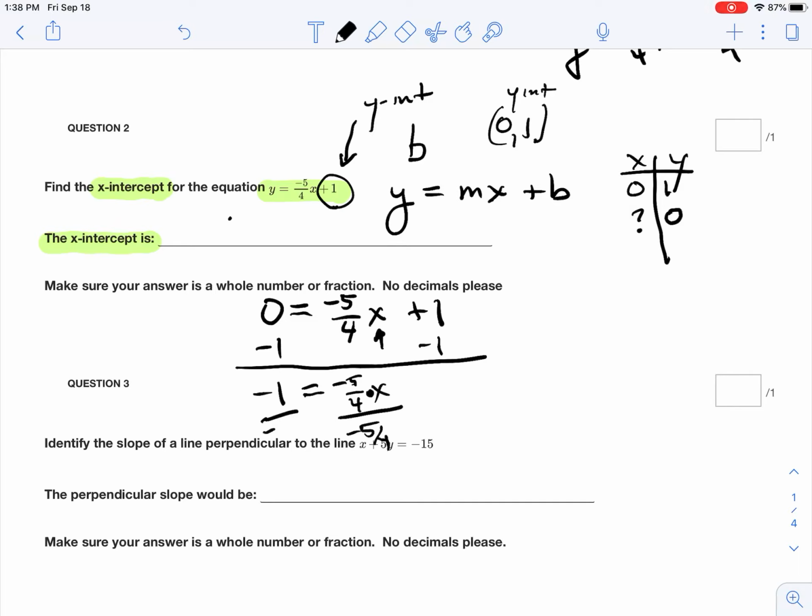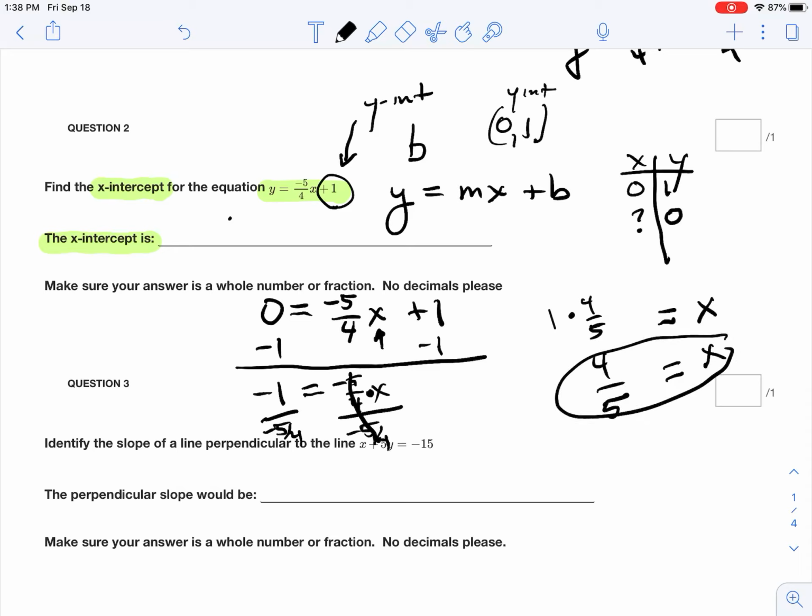Remember, when you have a negative divided by a negative, this cancels out, and your x equals, it's going to be a positive number, but 1 times the reciprocal of the denominator, because when I divide by a fraction, I flip it over and multiply. And so what I end up with as an answer is just 4/5.